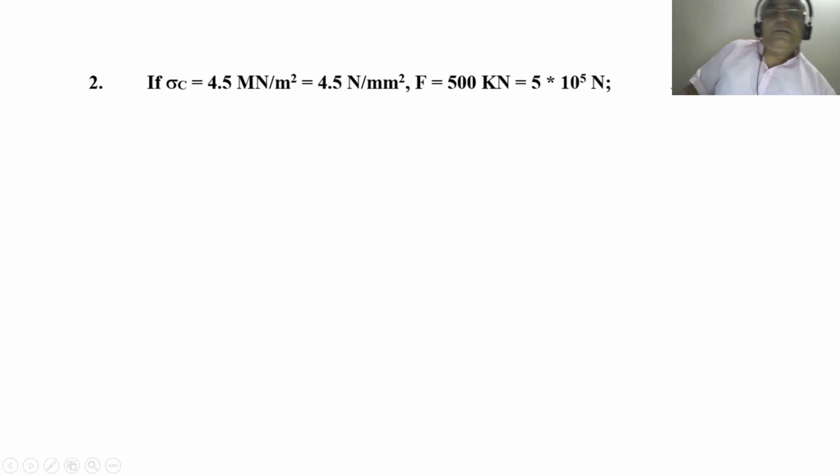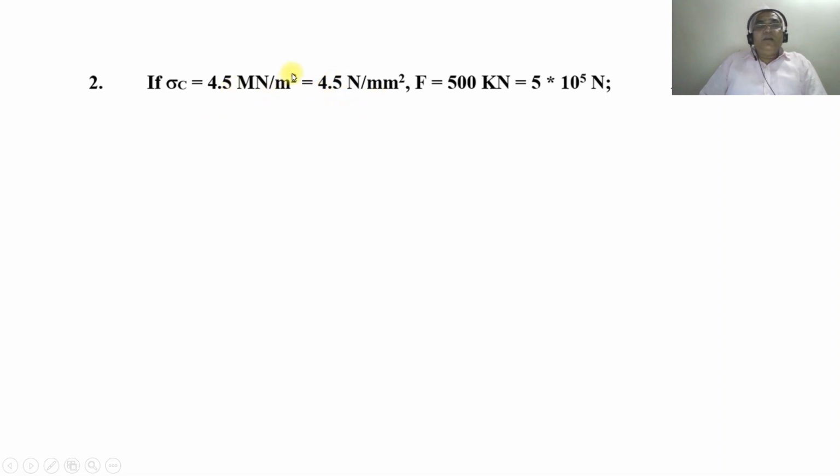What is the area of steel, which we need to find out? Since it is mega Newton, it is 4.5 into 10 to the power of 6 Newton per meter square. Since it is meter square, we need to convert that into mm. Meter is 10 to the power of 3, the whole square, that means 10 to the power of 6.